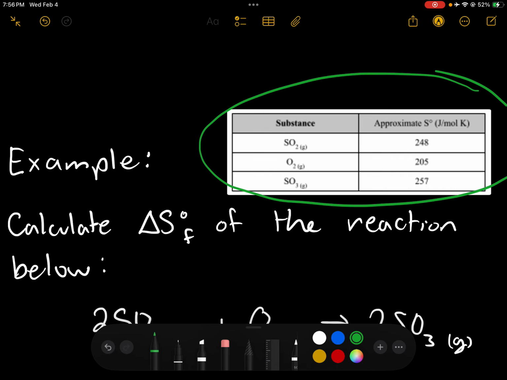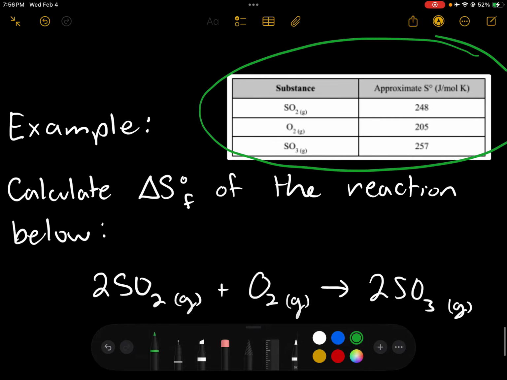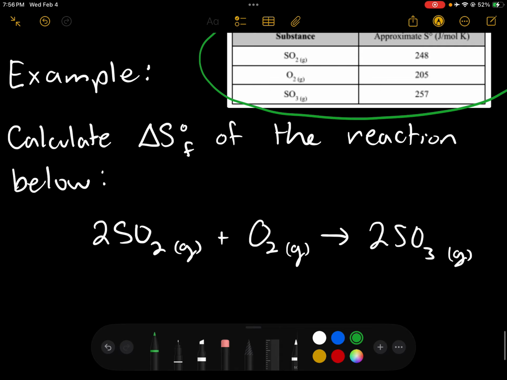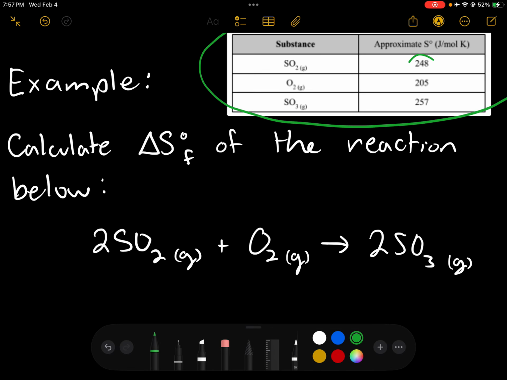sum up your reactants, and subtract. So this example says calculate the delta S of formation of the reaction below. And we're given all of those S values for each of our reactants and our products in that table. So we take our products.